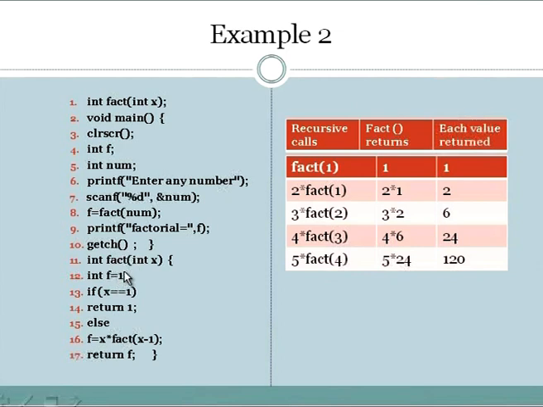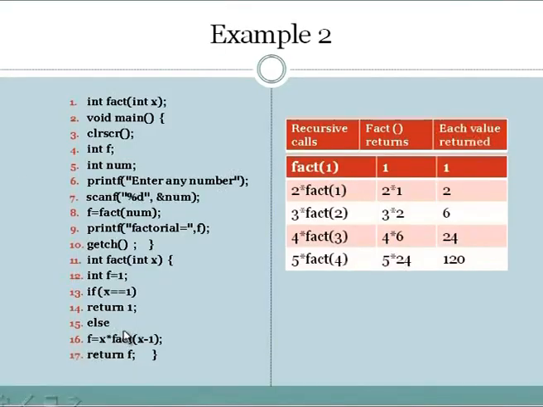The definition of the fact function is such that the fact function will be called with an integer value. Then inside the body, f is initialized to the value 1. Suppose we pass the value 1 initially to the function fact, then the function will simply return the value 1 as the factorial of 1 is 1.